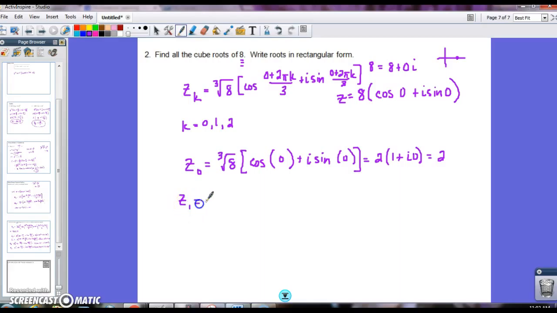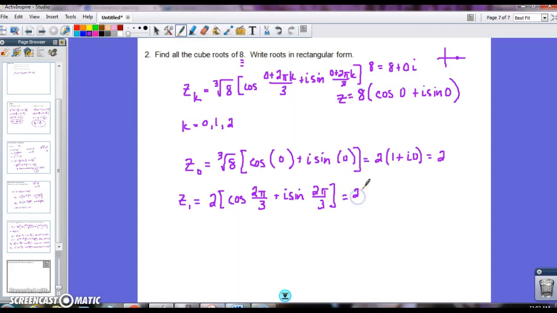z sub 1. I already know the cube root of 8 is 2, so I'm just going to write that as 2. Now I've got a cosine of 0 plus 2 pi over 3. If I'm plugging 1 in for k, so 0 plus 2 pi, all of that over 3 gives you 2 pi over 3 plus i sine of 2 pi over 3.